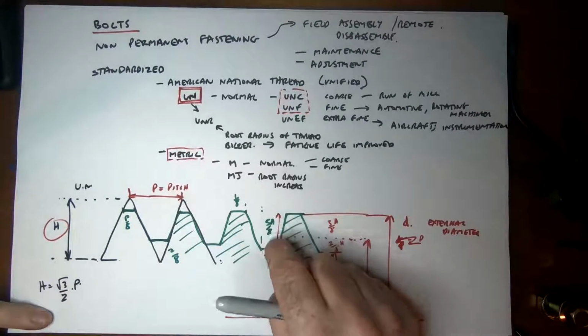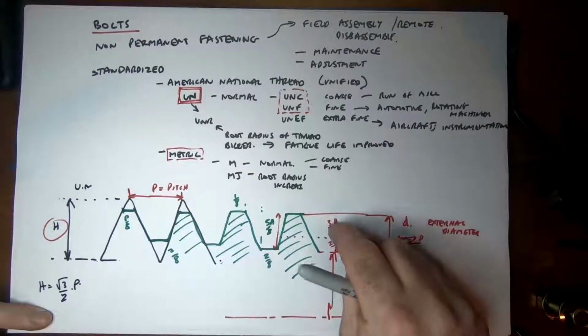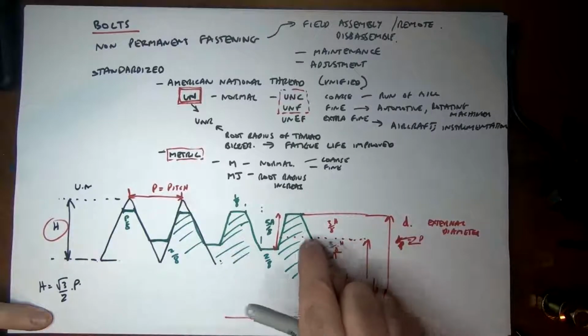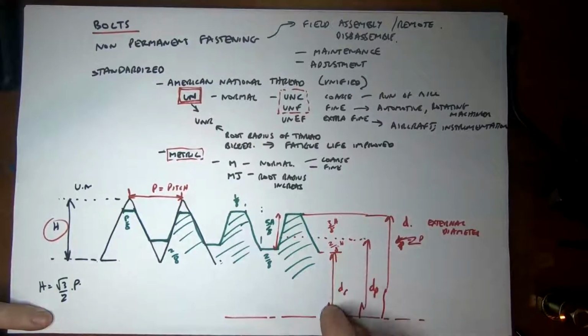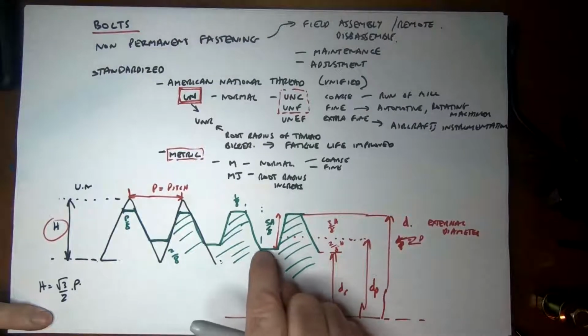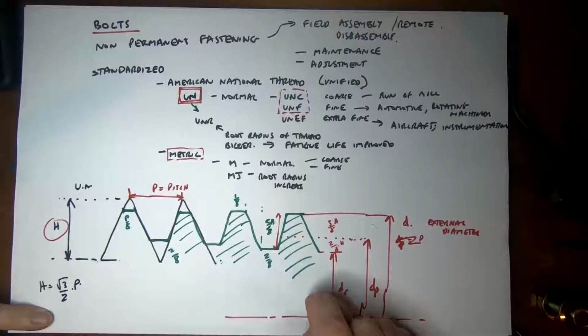That 5/8 of that height h there is broken down to 3/8 and 2/8, and that line through the middle is what we call our pitch diameter, dp here. And the root diameter is the smallest diameter where the tap or the die cuts in, and then the external here is the external diameter d.